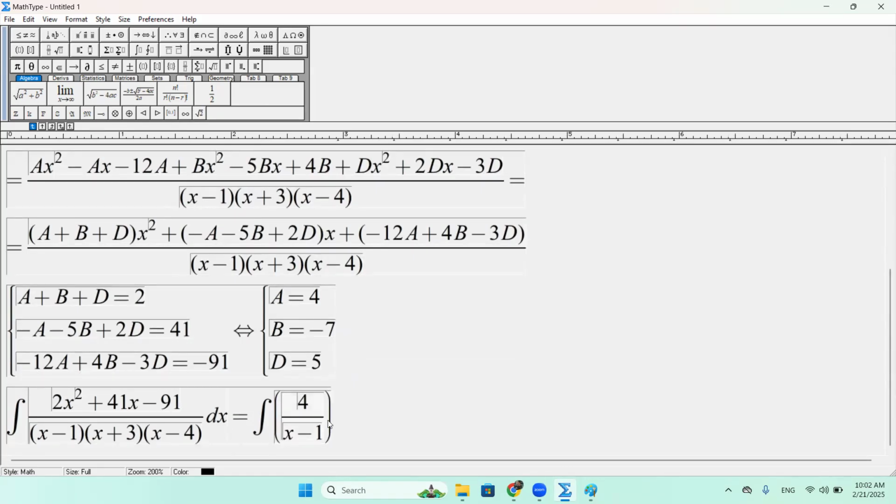Now these coefficients are known. Minus 7 over x plus 3, and plus 5 over x minus 4, dx.